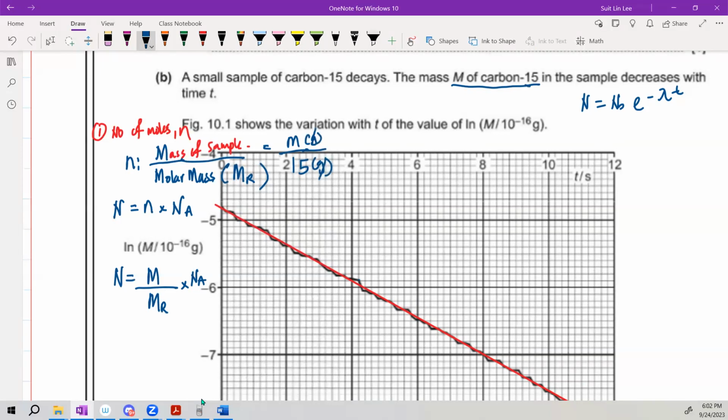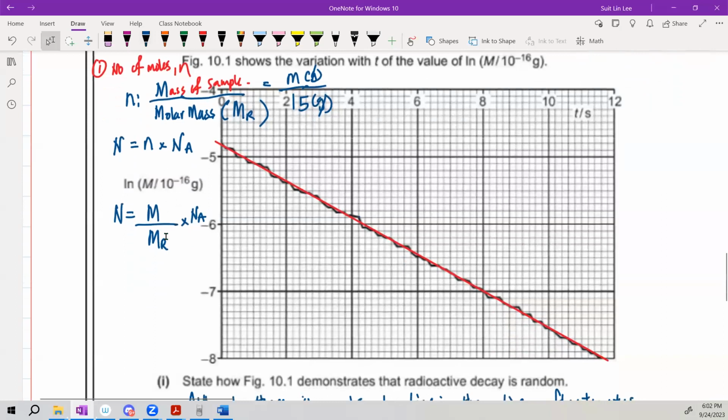So the gram and gram cancel. To find the number of particles, I will take the mass divided by the molar mass, the number of moles, multiply by the Avogadro constant. Because 1 mole is 1 Avogadro, 2 moles is 2 Avogadro. But I don't really care about any of this, to be honest, because all I want to show here is N is equal to, this 2 is constant, right?